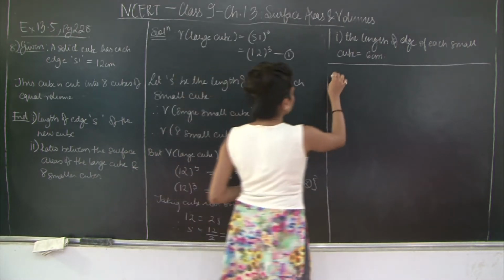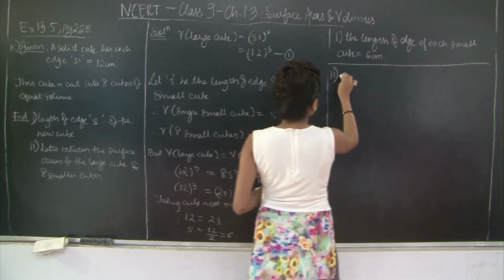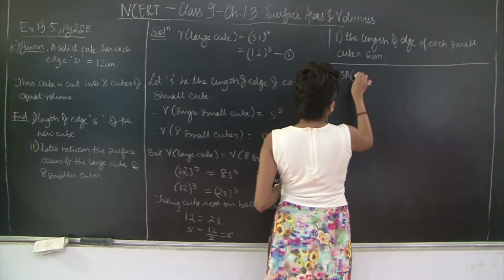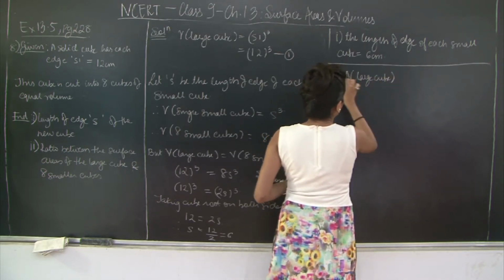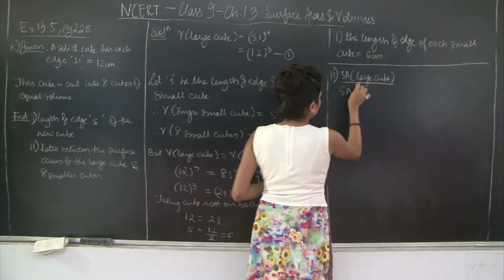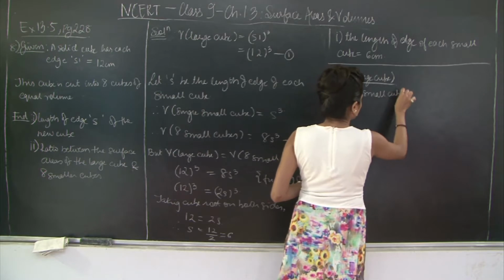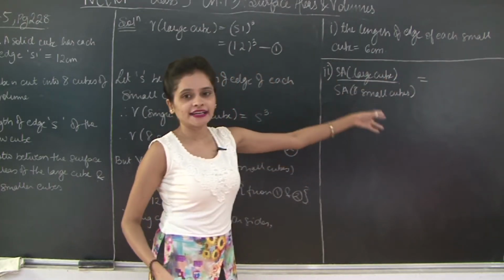So I am going to say second part, surface area of large cube upon surface area of 8 small cubes.